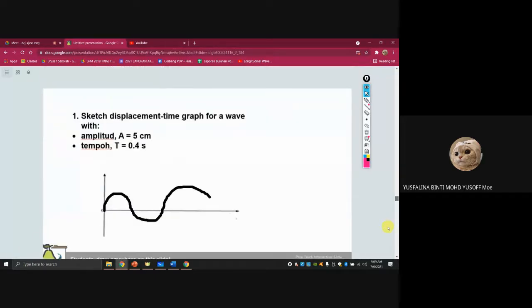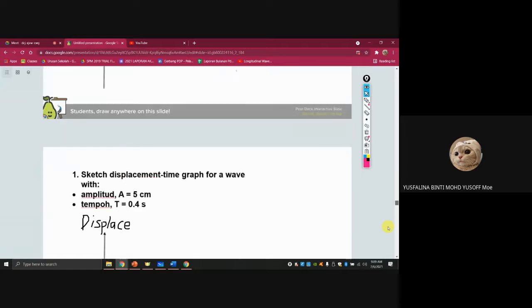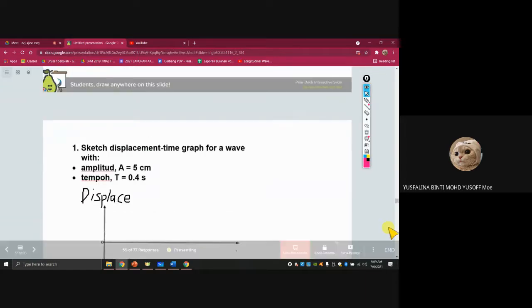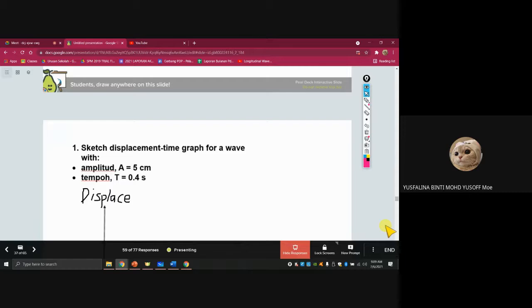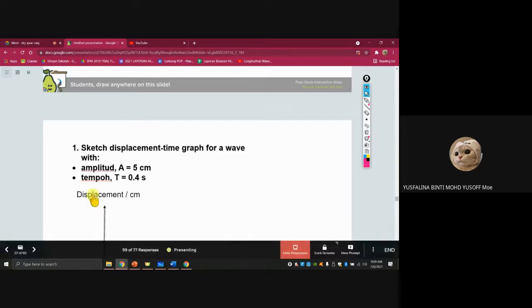So remember the amplitude is the height of the crest, and the period you can find from two semicircles. You can try from crest to crest or trough to trough, so it depends on your graph.